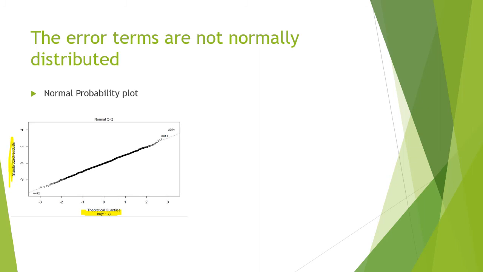What you would want to see for normally distributed data would be a linear line that correlates to the theoretical quantiles.